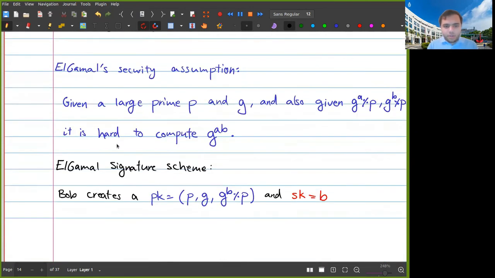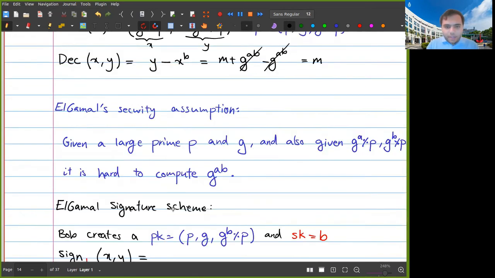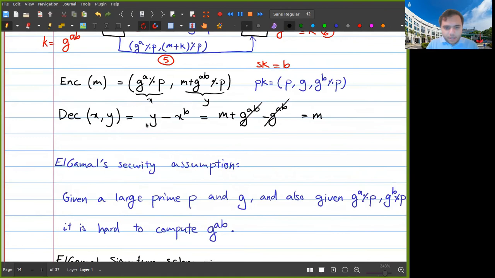Okay? So when I want to sign as Bob, I will sign using this secret key B. But what is it that I'll sign? I can sign a pair of numbers. So I can sign the pair XY, for example. And the way that I sign this is exactly the same as my decryption function.